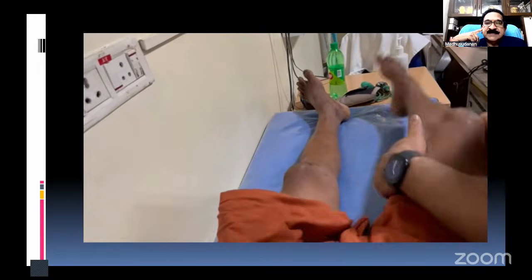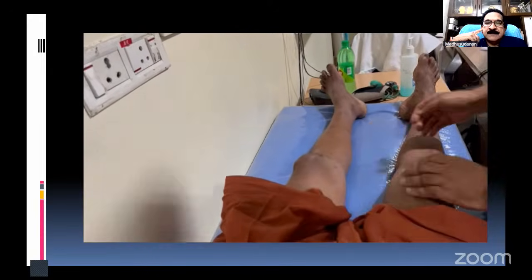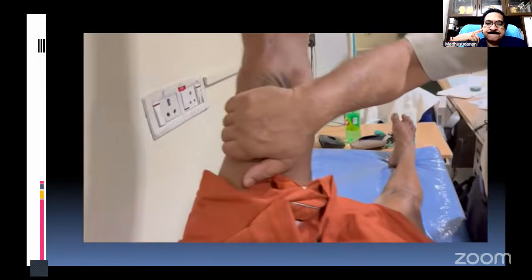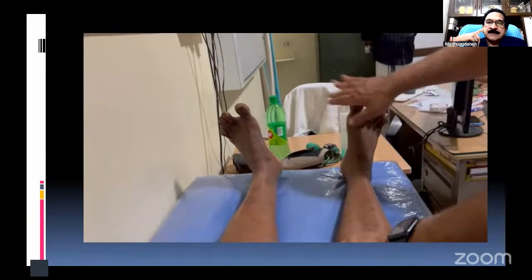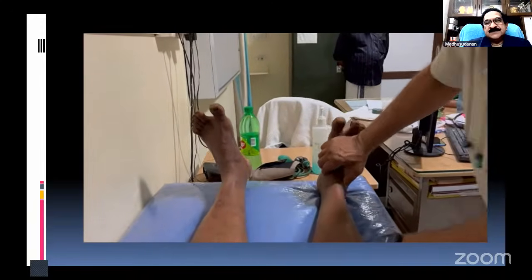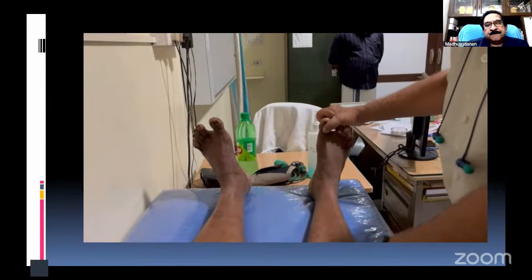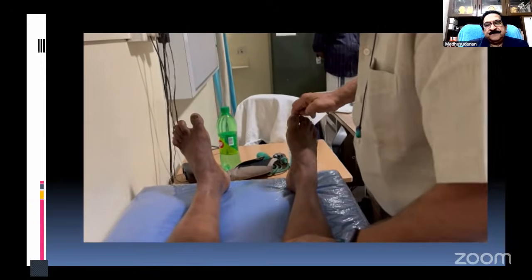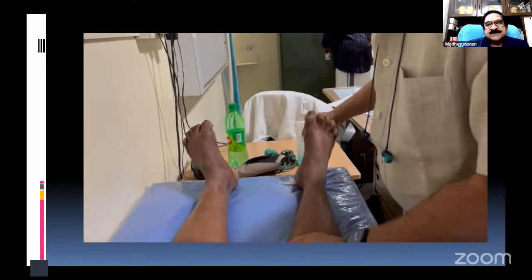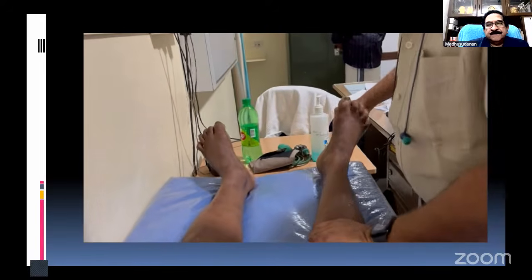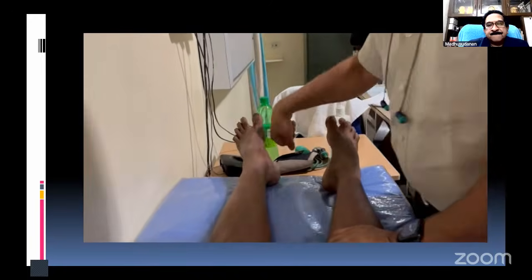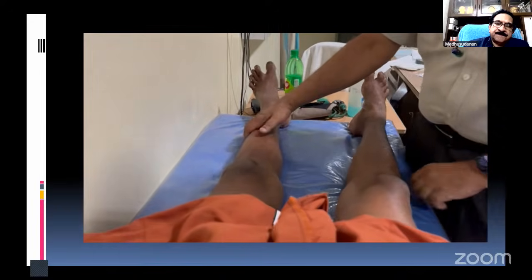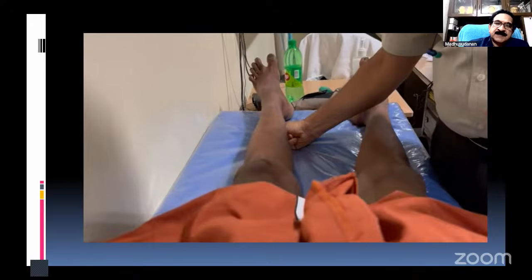In the lower limb, there was mild rigidity. Power was good. Flexion was good, and abduction and adduction were also normal.